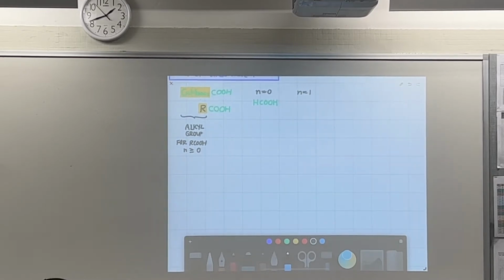And I would like to take this opportunity to do a very quick recap with all of you. So for alkane, what's the general formula? CnH2n+2. Okay, we have alkene, which has general formula CnH2n.